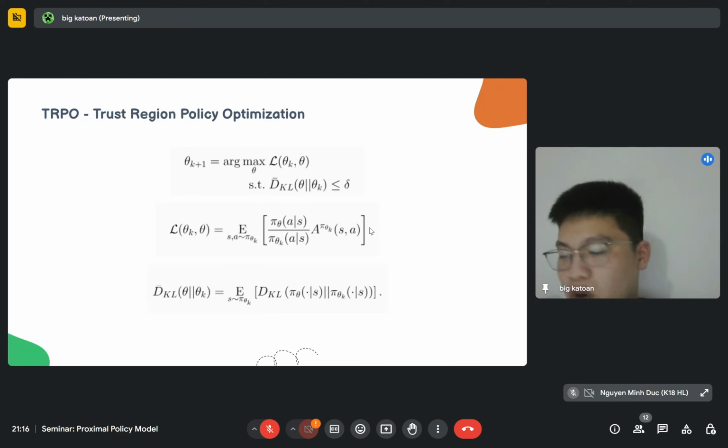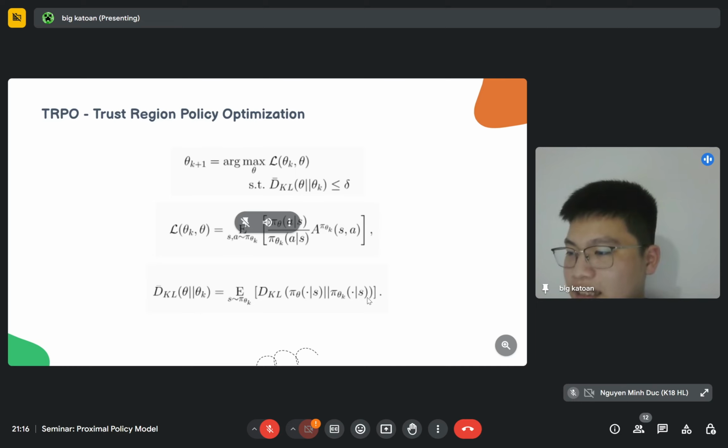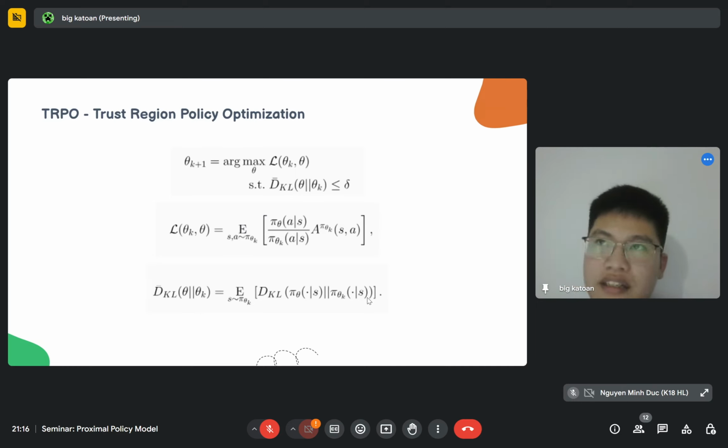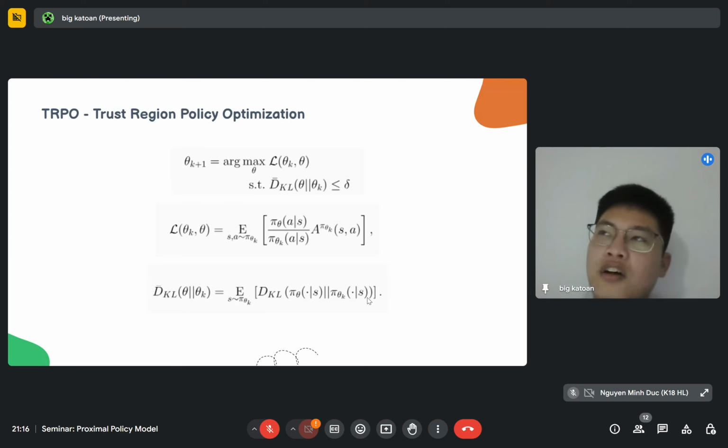And A of p theta k of s, a is the surrogate advantage. We call it surrogate advantage because it's actually not the reward. It's the sum of rewards, reduced by time.